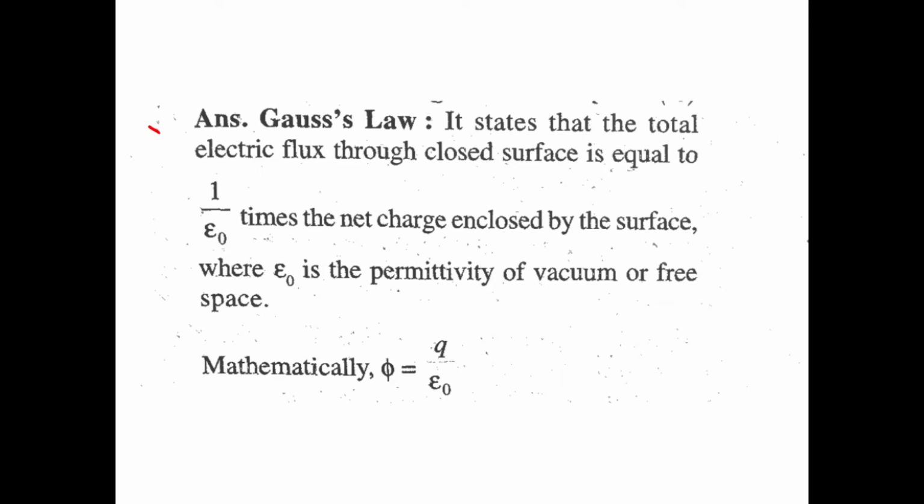Gauss law states that the total electric flux through a closed surface is equal to 1 by epsilon 0 times the net charge enclosed by the surface, where epsilon 0 is the permittivity of vacuum or free space.